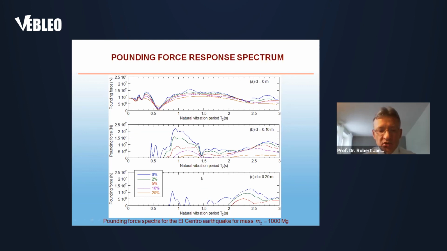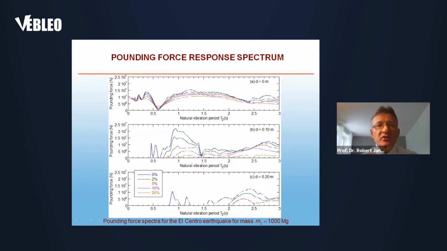I would like to draw your attention to the third graph, because we can clearly see that the larger gap we apply, the larger range of natural periods of the new structure can be applied. Also, depending on the damping ratio of the structure, a different approach can be taken.